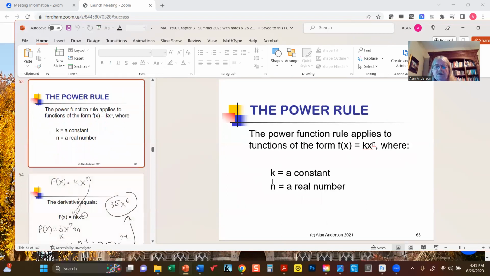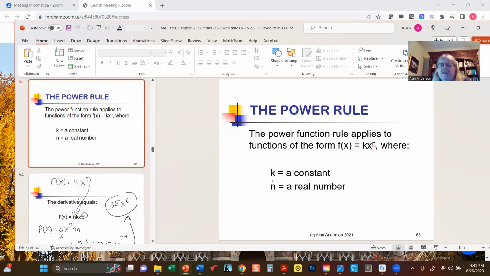Then we move on to a really important rule. You probably remember from yesterday that we use this quite a bit. Anytime you have a term, or multiple terms for that matter, where we have x raised to some exponent, possibly with a coefficient multiplied by it, then the rule we'll use works as follows.